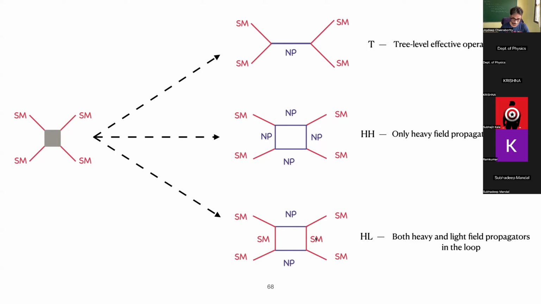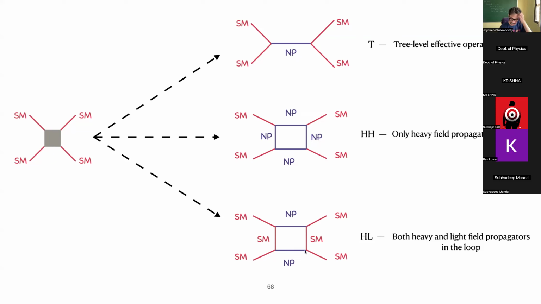So this kind of loop offers two contributions: one local and one non-local. How to compute that requires a slightly different way of calculating the integral. There are different methods of doing that.